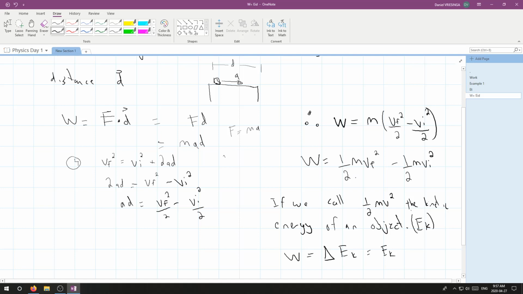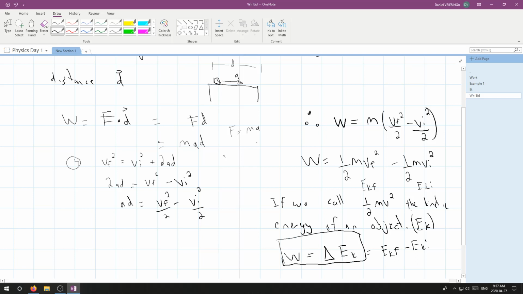So this term here is just the kinetic energy of the final velocity, and this term here is just the kinetic energy of the initial velocity. So EKF minus EKI is just the change in kinetic energy from the initial to the final term.